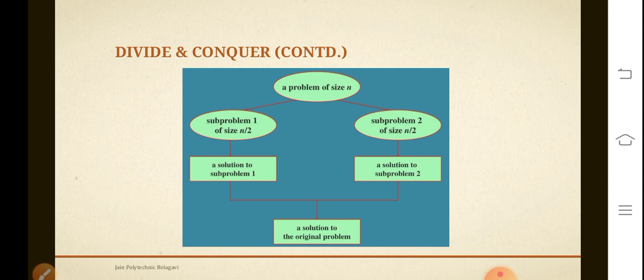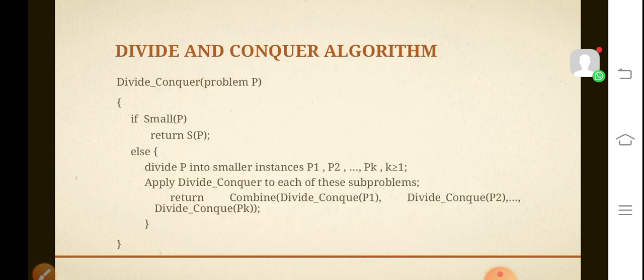We solve subproblem 1 of size n by 2 first and get a solution to it, and then we solve subproblem 2 of size n by 2 and get its solution. Finally both the solutions are merged or combined as the final solution to the original problem. This is how the divide and conquer technique works.